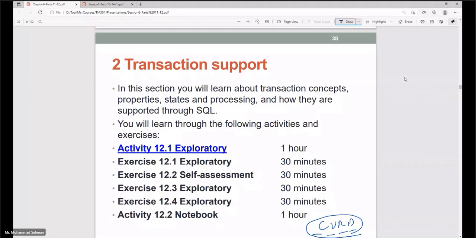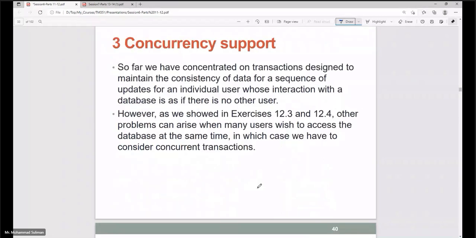Concurrency support, as we discussed: if it is a single user, no problem, the transaction will go through. If it is an individual user interacting with the database, then it will not have any problem. But if there are multiple users, problems can arise when many users wish to access the database at the same time, which means we must consider concurrent transactions.